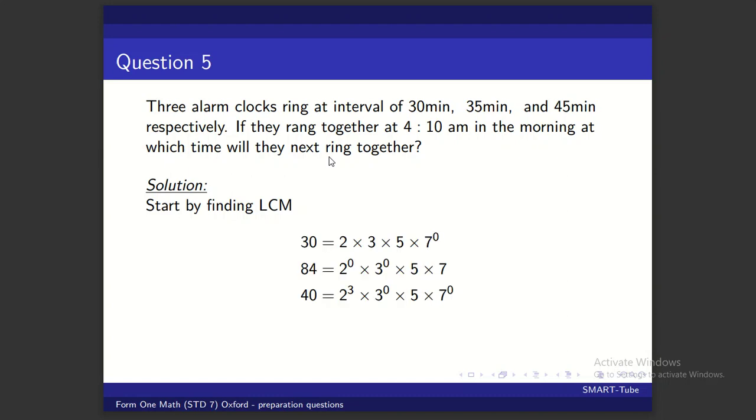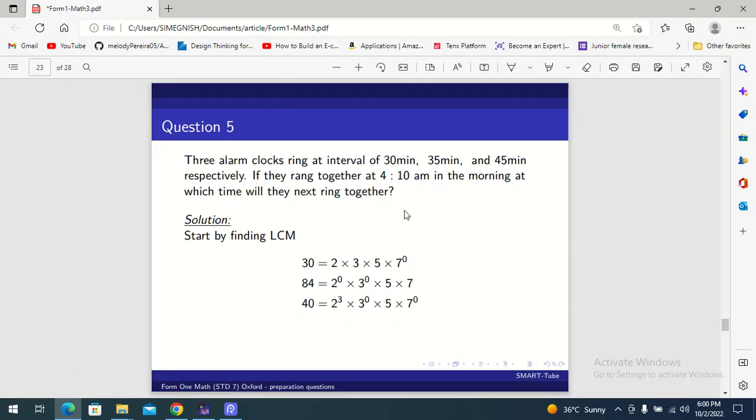The prime factorization of 30 can be written as 2 times 3 times 5. 35 can be written as 5 times 7, and 40 is 8 times 5.